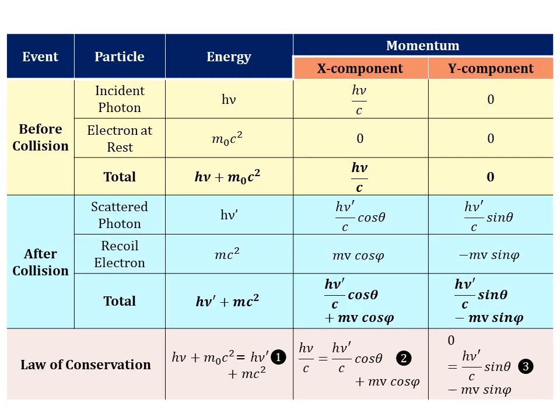The table shown here is a compilation of all the energy and momenta of the particles which are involved before collision and after collision. And we have used the law of conservation of energy and the law of conservation of momentum, and we have obtained equations 1, 2 and 3. We now have to process these three equations further and find what is the Compton shift.